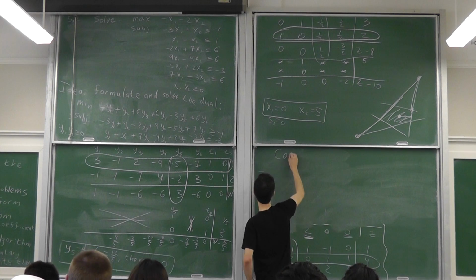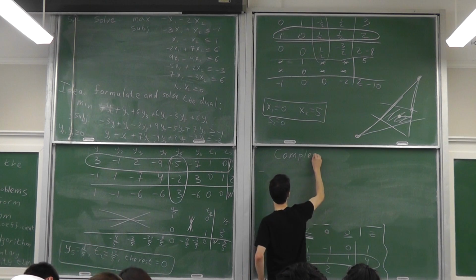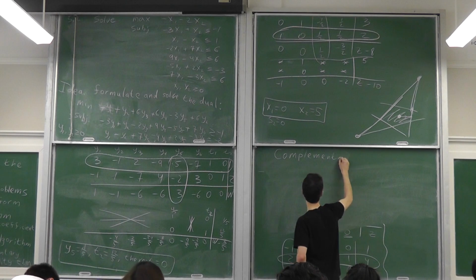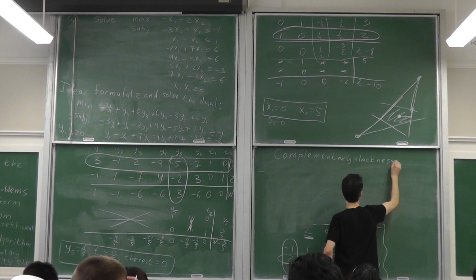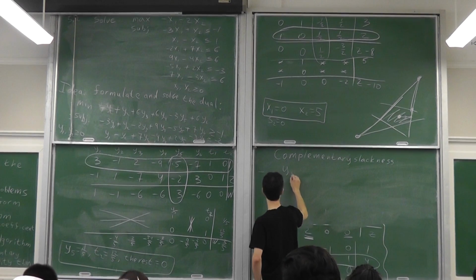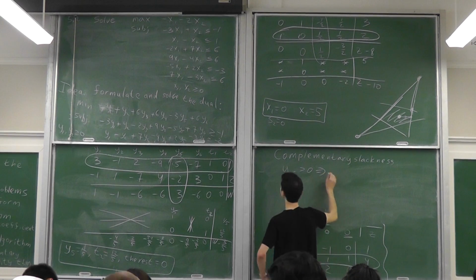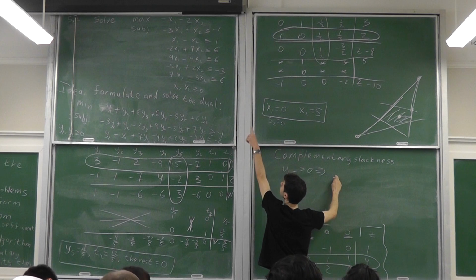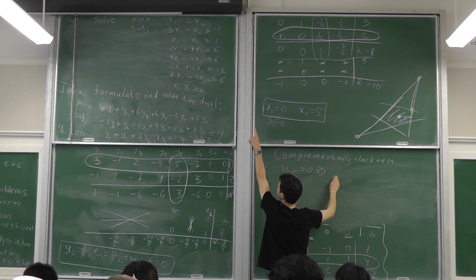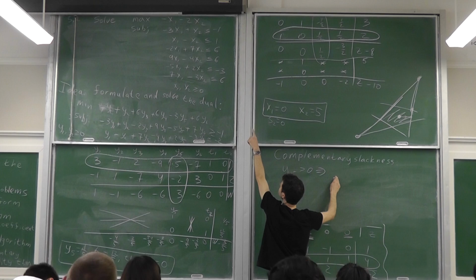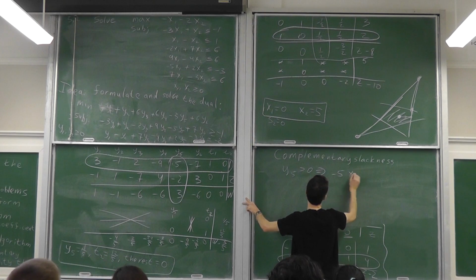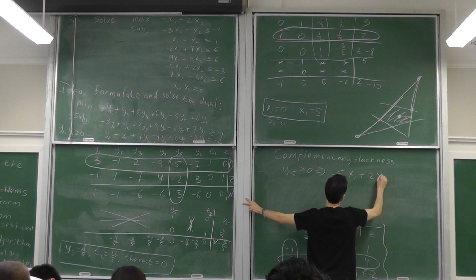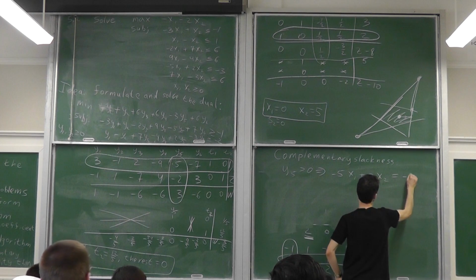So complementary slackness tells you that since y5 is greater than 0, the fifth constraint over there must hold with equality, so 1, 2, 3, 4, 5. It's minus 5x1 plus 2x2 is equal to minus 3.